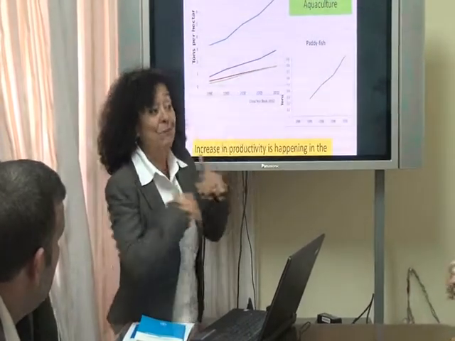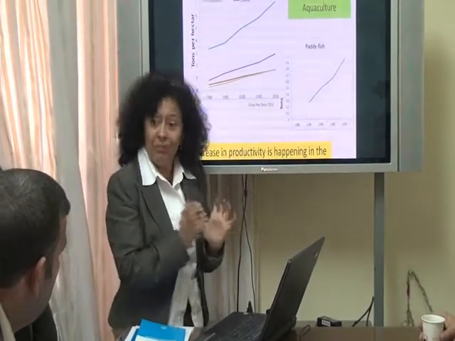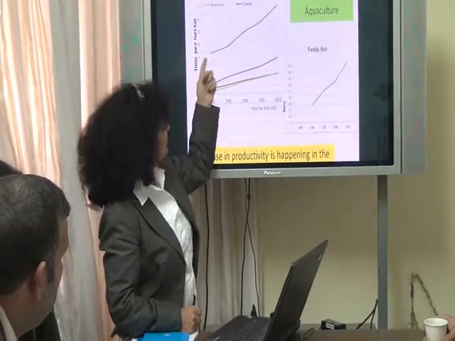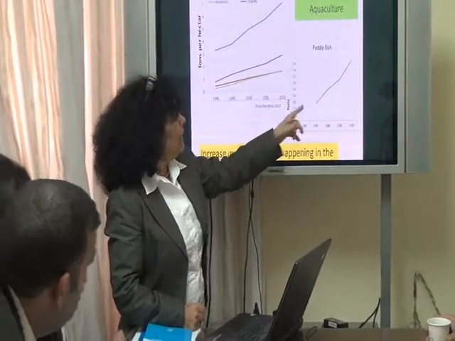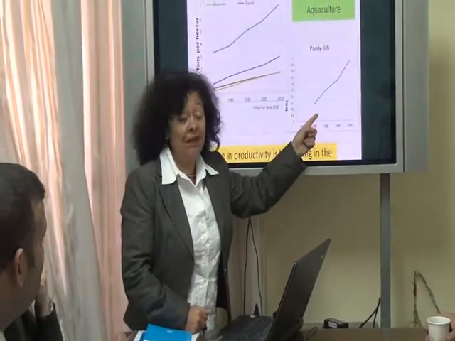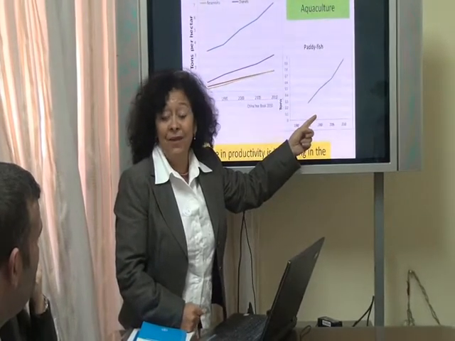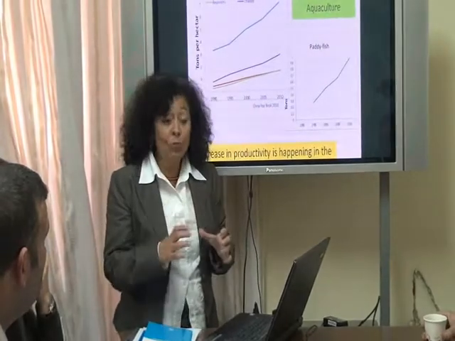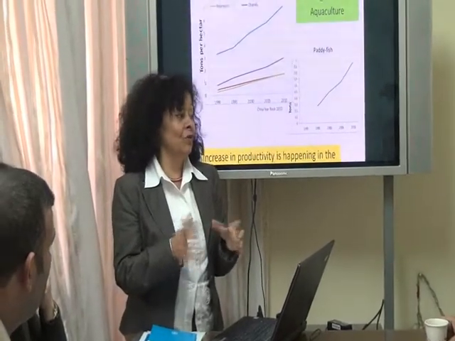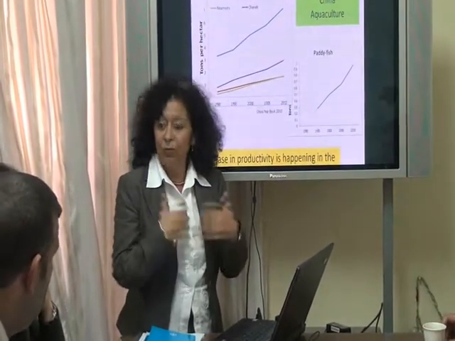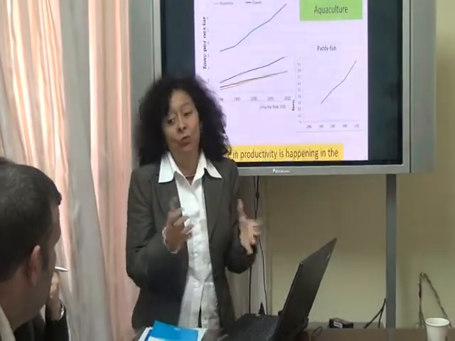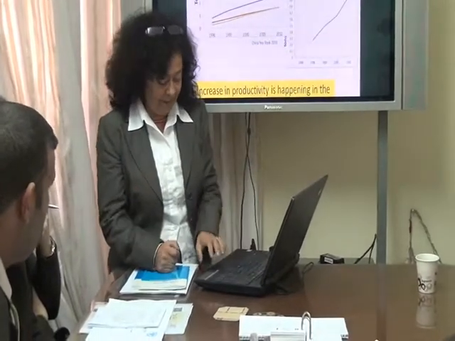Same thing in all the other systems, but especially pond culture. Paddy fish, rice fish farming is also increasing almost exponentially. So it's the same area becoming more productive, more efficient. This is also a key for the potential growth of aquaculture when you have limited land or limited water resources. Okay?